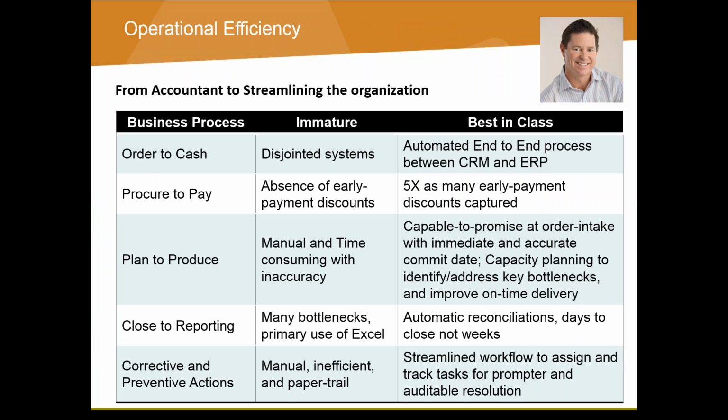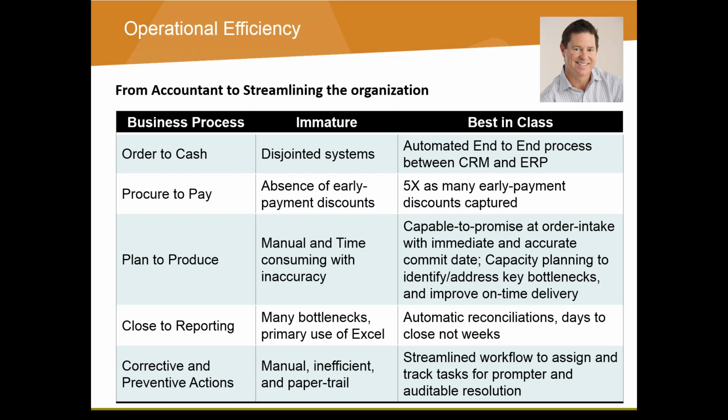According to a recent Gartner survey, $1 trillion is locked in working capital in U.S. companies, working capital that could be available if they had better cash management processes. So for most companies, the order to cash cycle represents the biggest asset on the balance sheet. It's clearly a critical business focus for any CFO.